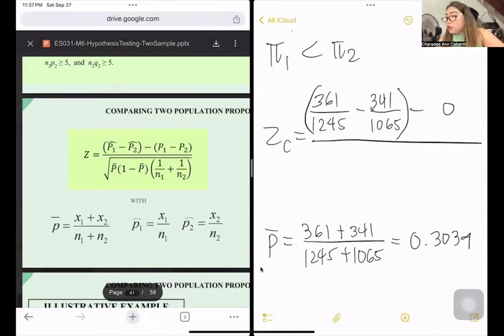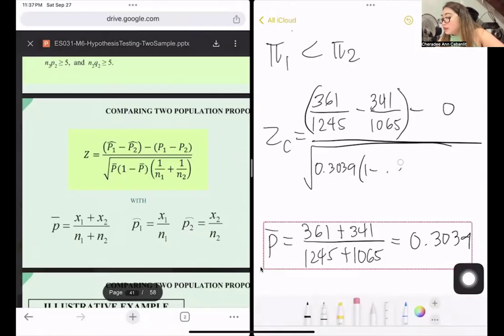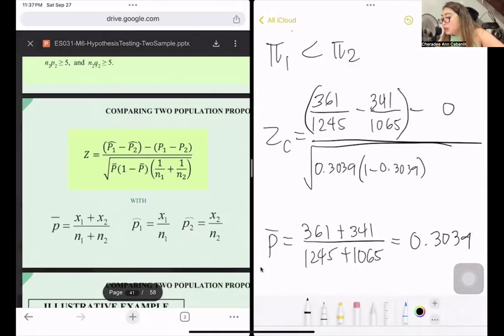That's 0.3039. So you can use that as the square root of 0.3039 times 1 minus 0.3039, times 1 over 1245 plus 1 over 1065. You just substitute the values.